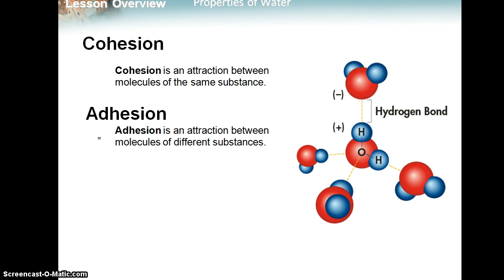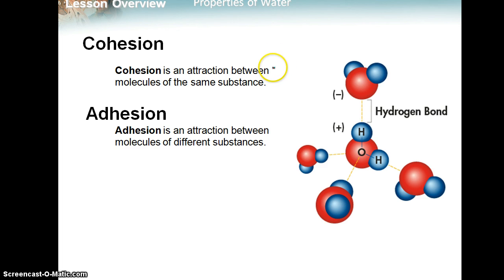One of the first things that we want to talk about is cohesion. Because hydrogen and oxygen are attracted to one another in different water molecules, these water molecules want to stick to one another. So we're sticking to the same substance when we talk about cohesion.